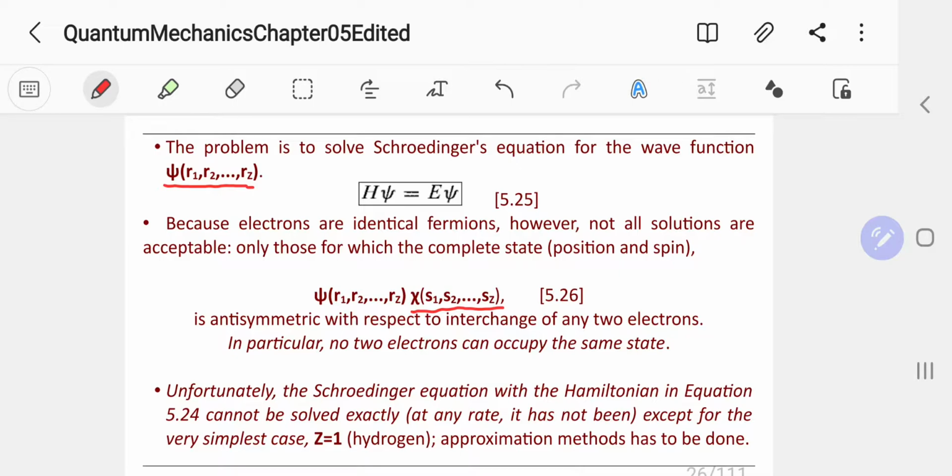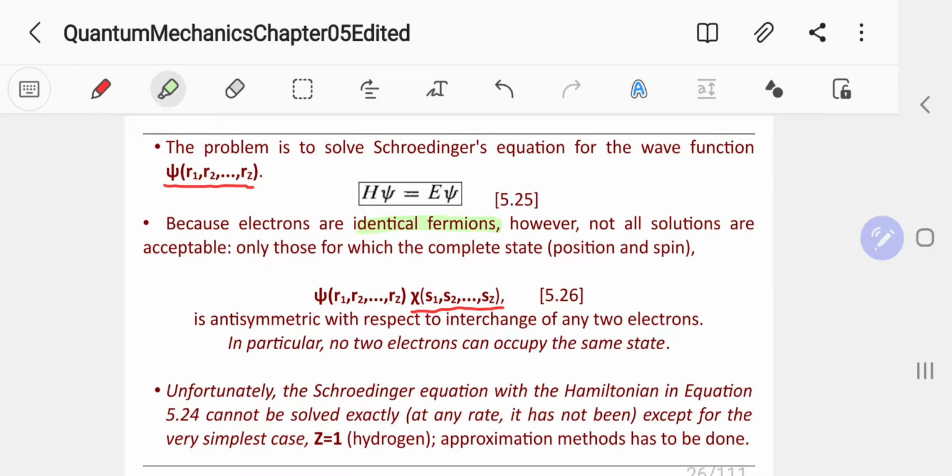So we have to note that the electrons are identical fermions, and that these identical fermions have a special property such that no two fermions can occupy the same state.